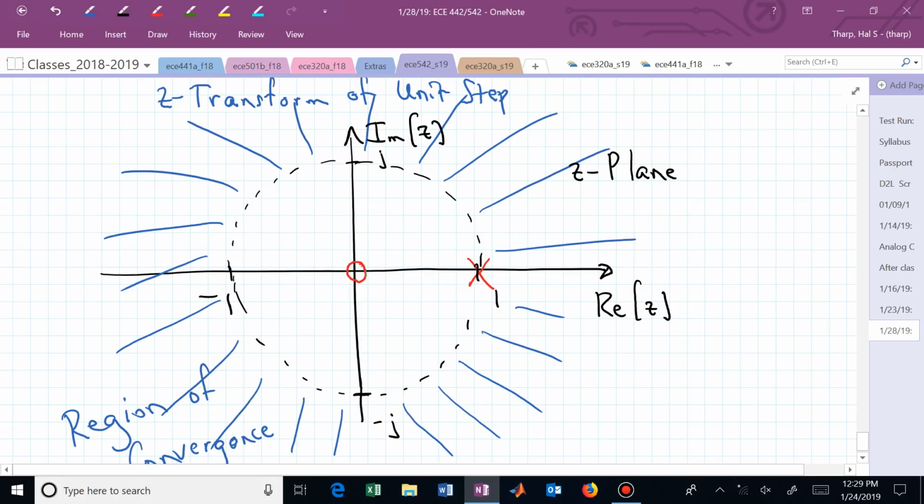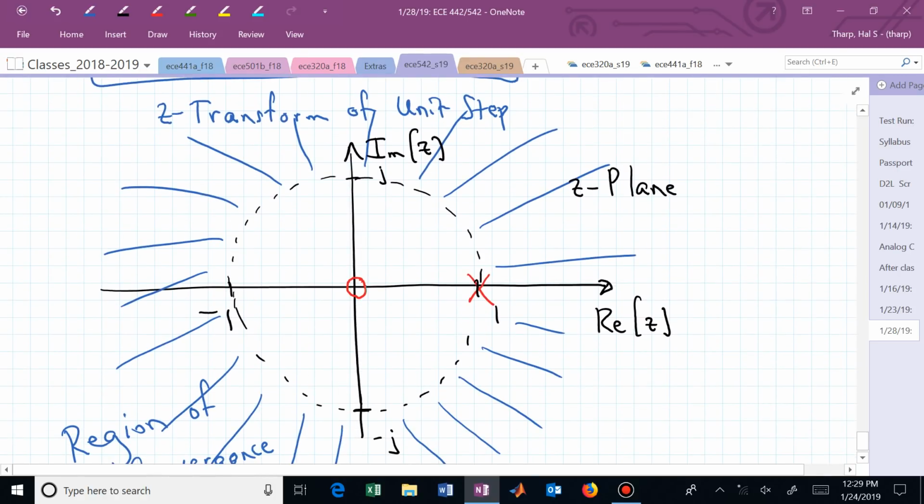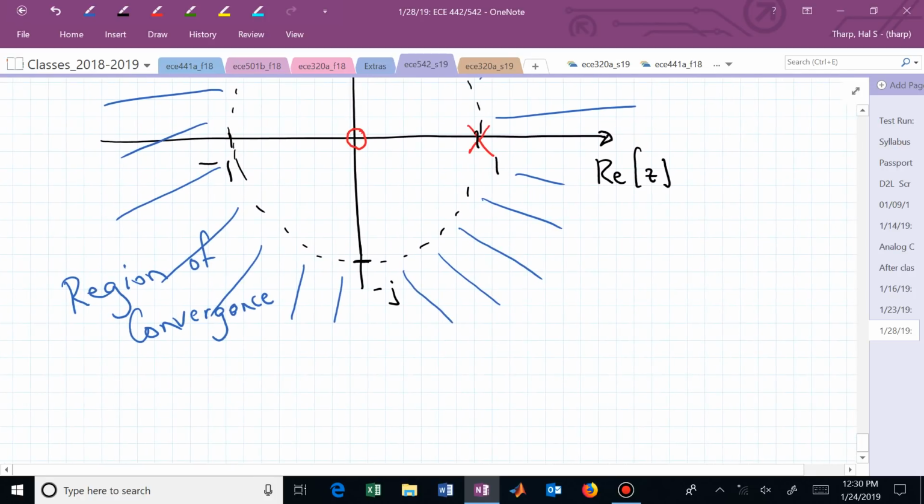And we also can see that we have poles and zeros, and that pole is right at 1. The region of convergence is outside of, or just larger than that pole. So the pole lives on the boundary of our region of convergence. That pole is not in the region of convergence.